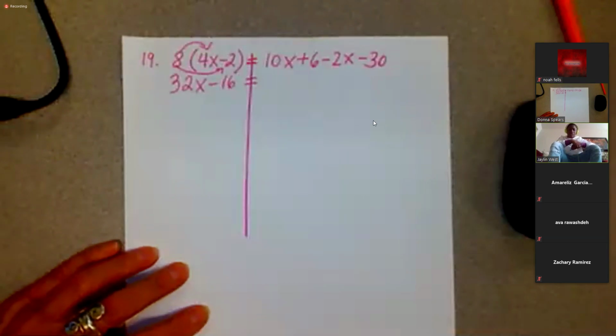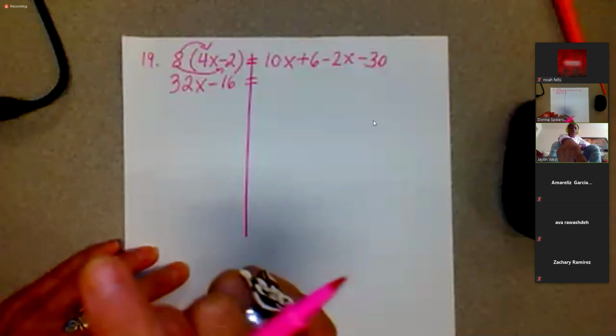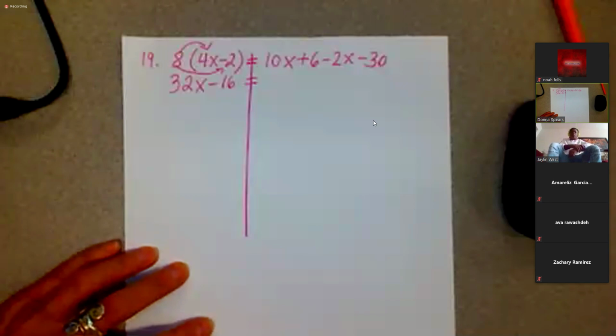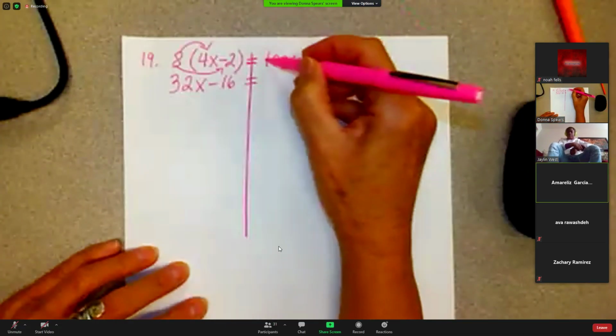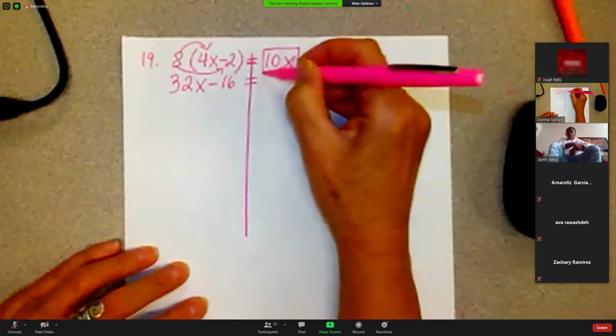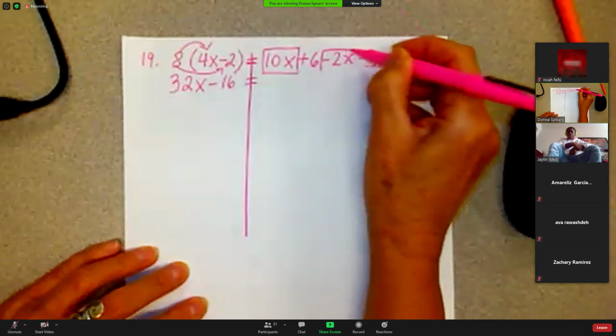You've got to distribute. Don't subtract 10 yet. You've got to distribute, then combine like terms. Nice. Good job, Jalen. There you go. 10x minus the 2x.